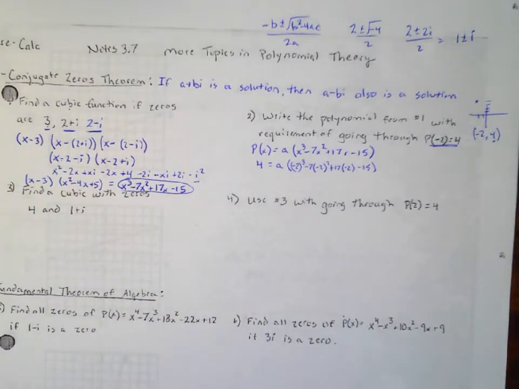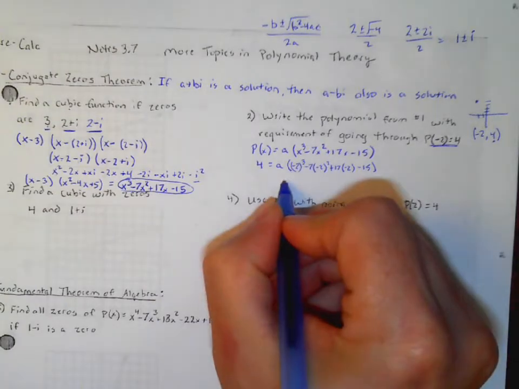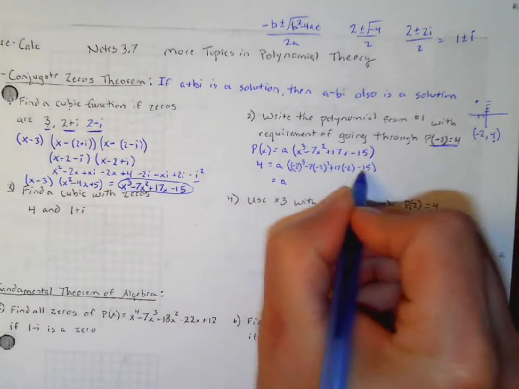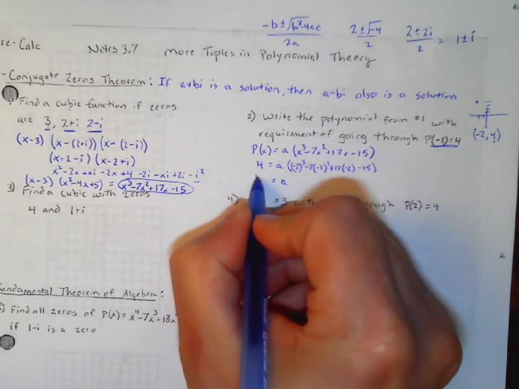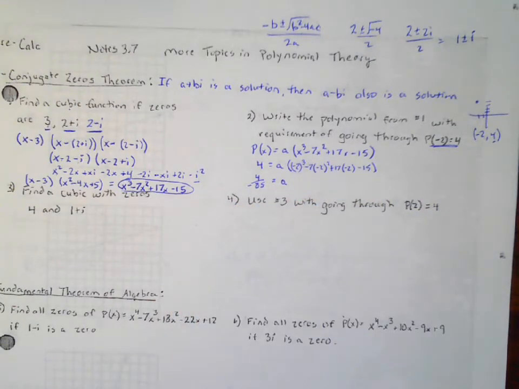If I evaluate this and multiply it out, it gets to be negative 85. If I divide that over, I have a is equal to negative 4 over 85.